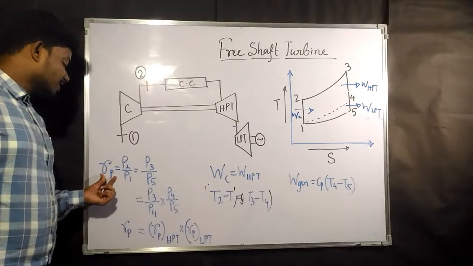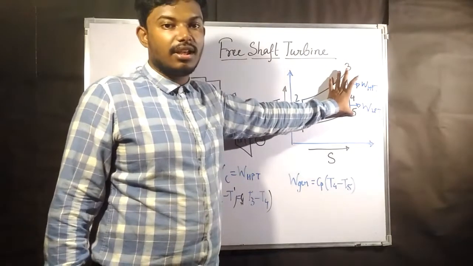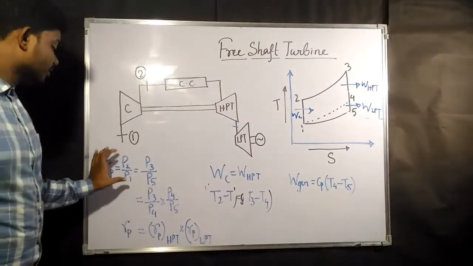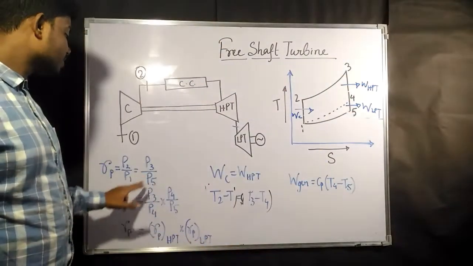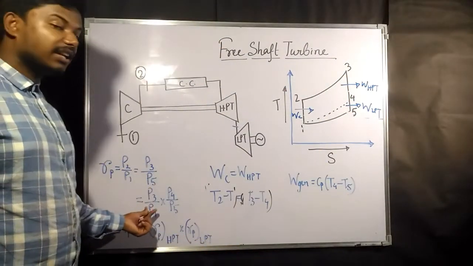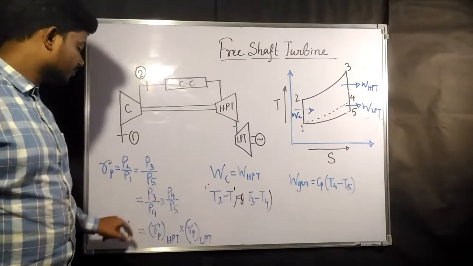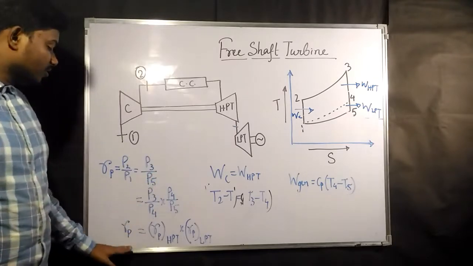Again, the pressure ratio is going to be the same for this case and this case, since we have said that both of them are at constant pressure. So P2 by P1 is equal to P3 by P5, and P3 by P5 we can rewrite as P3 by P4 into P4 by P5. P4 and P4 get cancelled out, so P3 by P5 remains.